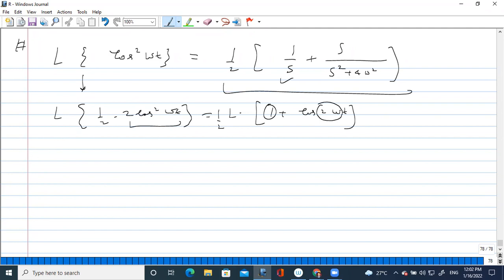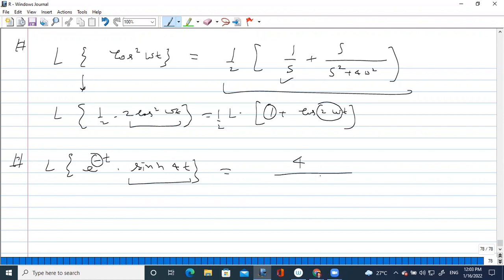Okay, now one more question. Laplace of e to the power minus t sine hyperbolic 4t. What I told you is that in this type of question, this is a shifting problem. So here write the value of Laplace of sine hyperbolic 4t, and in that put s equal to s minus a, and a is already minus 1, so that will become s plus 1.